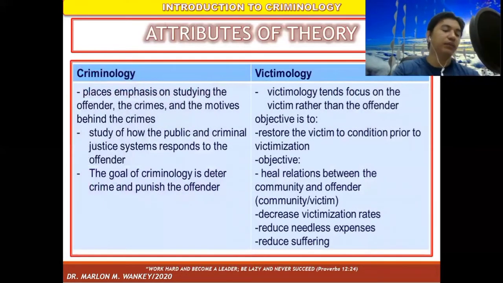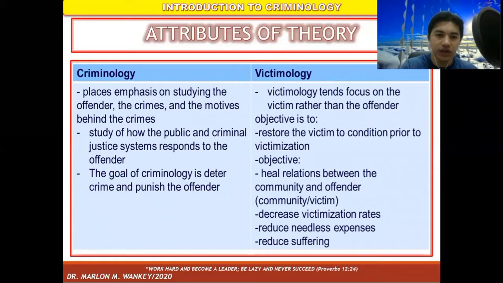So here are the attributes, distinguishing first criminology from victimology. Because in criminology, the focus is the study of the offenders, the study of the crimes, and the motives behind the crimes.